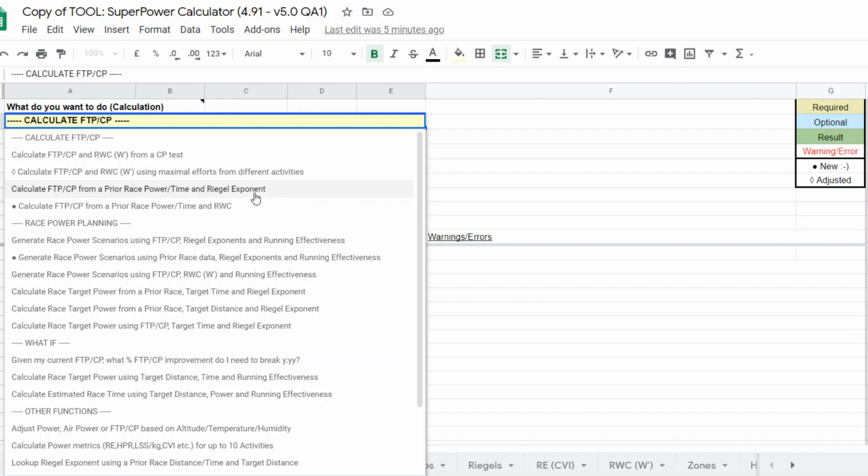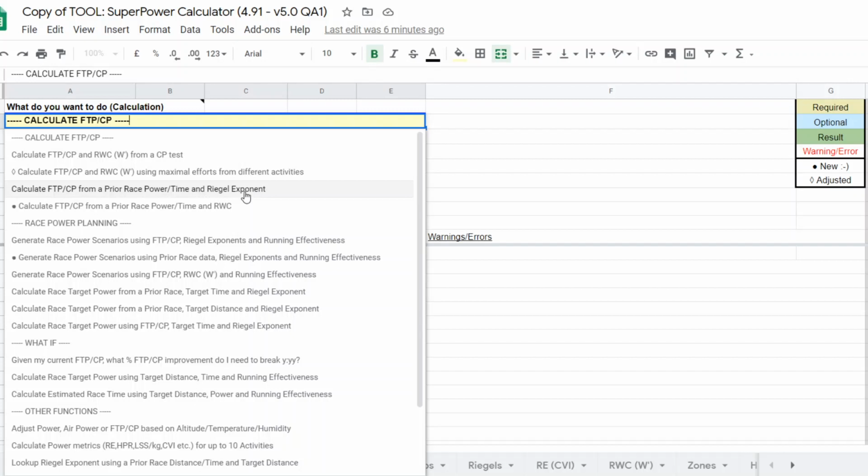This calculator using the Riegel formula works pretty good for, from say 30-minute duration races up to marathon. But when you start going to shorter duration races, because of the variable size of the reserve work capacity of runners and other factors, the Riegel-based model for estimating FTP-CP from short duration races just doesn't work quite as well.